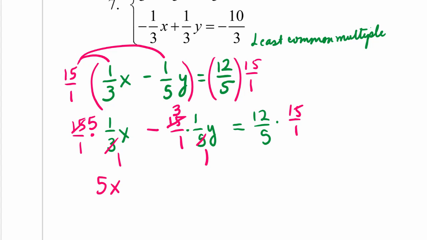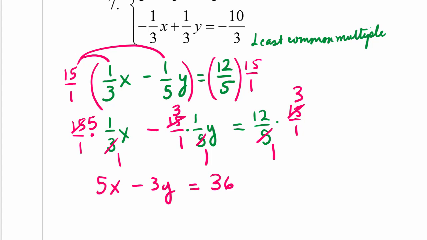So then now we have negative 3y as our second term. And again, our fractions are gone. And then finally on the right-hand side, 5 goes into itself once and into 15 3 times. And 3 times 12 is 36. So our first equation has been transformed to this much easier to handle equation.